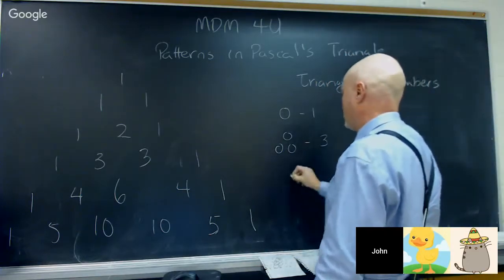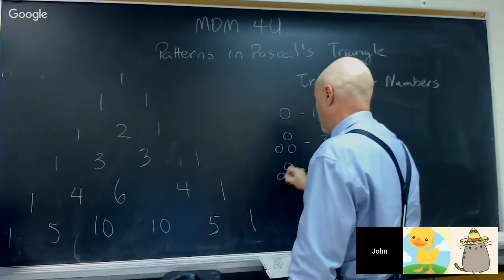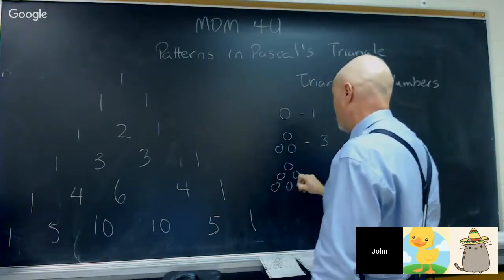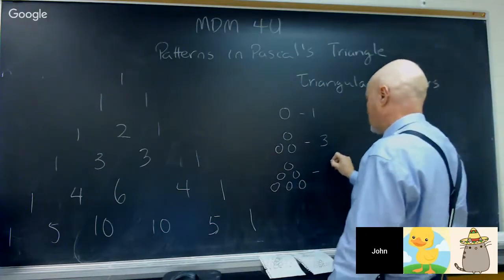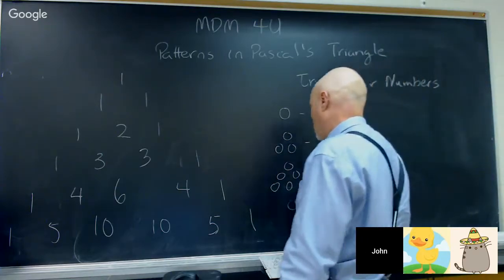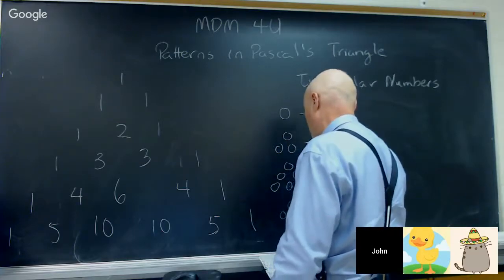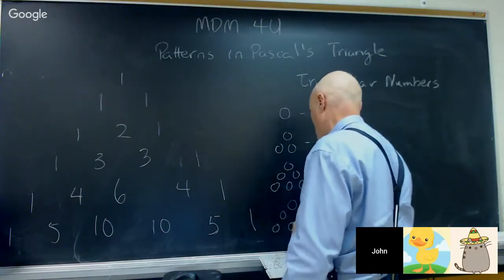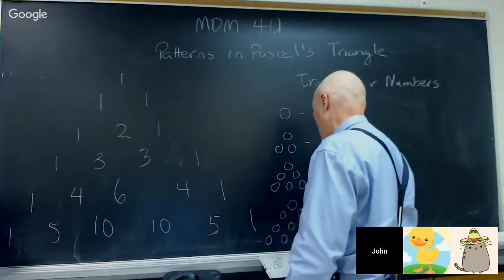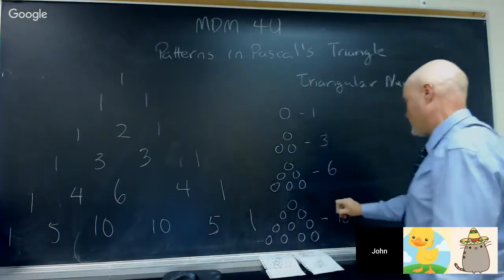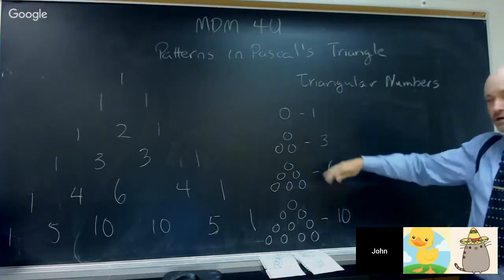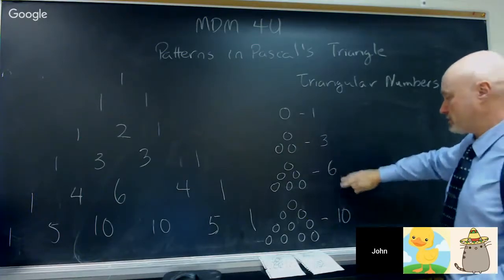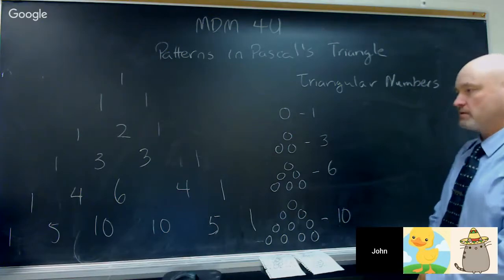So this is 3. And then to make the next triangle, we add 3 at the bottom and we get 6. And then we add 4 at the bottom and we get 10. And so this sequence, 1, 3, 6, 10, etc., is known as the triangular numbers.